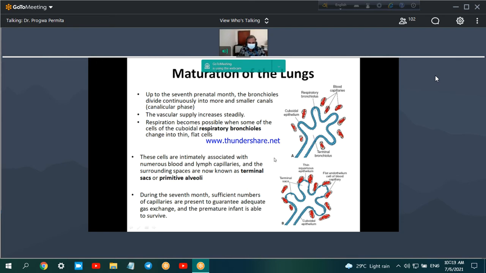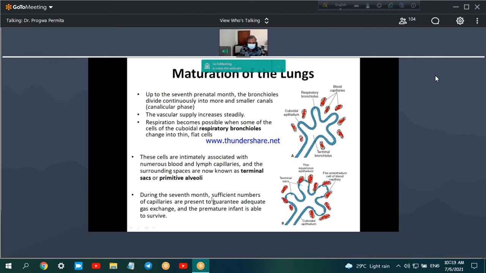These cells are intimately associated with numerous blood and lymph capillaries, and the surrounding spaces are now known as terminal sacs or primitive alveoli. During the 7th month, sufficient numbers of capillaries are present to guarantee adequate gas exchange of oxygen and carbon dioxide, and the premature infant is able to survive.